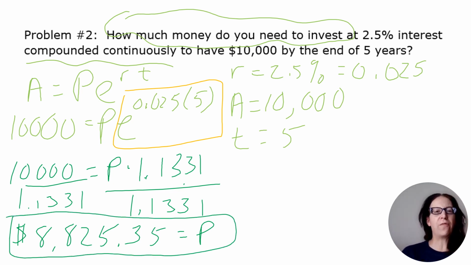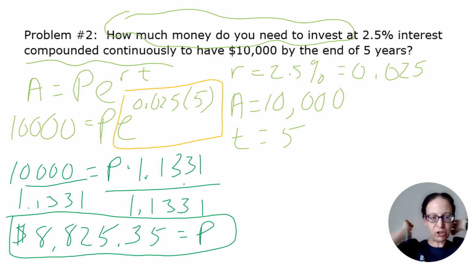So if I put into the bank today $8,825.35, it's actually 34.6 cents, but that rounds up to 35, then in 5 years, if that interest is compounded continuously at 2.5%, I will be at my $10,000.